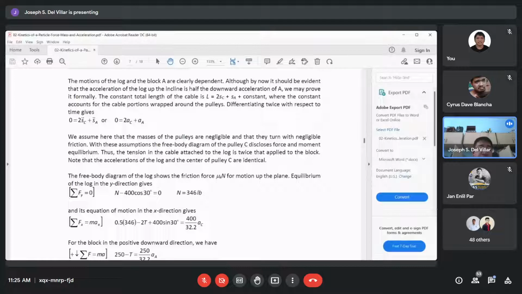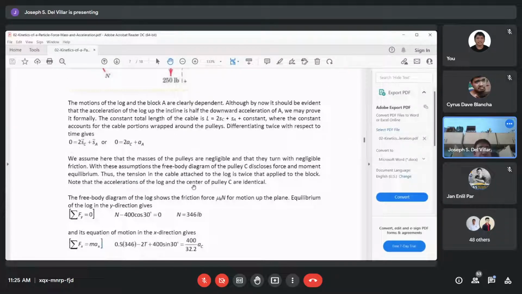Did you get that summation of Fy is equal to 0? The same thing happened in the first. So we now have N minus 400 cosine 30 is equal to 0.